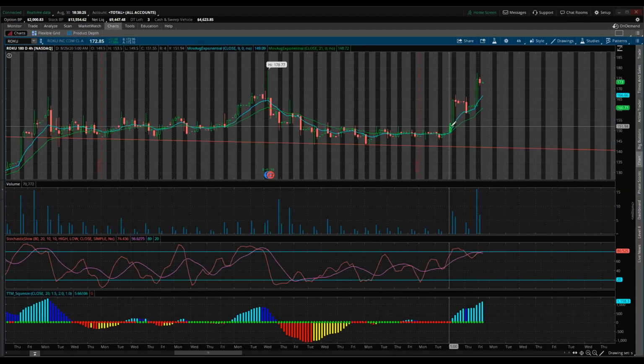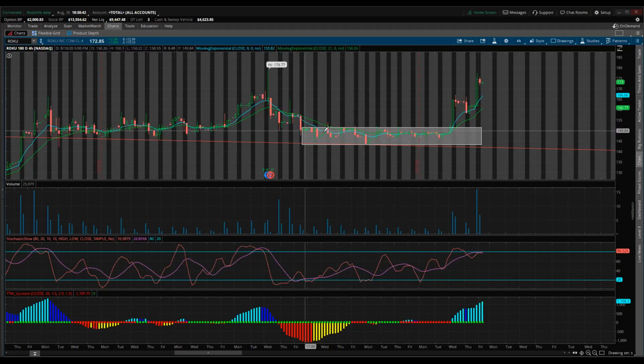As you can see here, this is the consolidation that he was talking about. It couldn't break out either above or below either of these points.